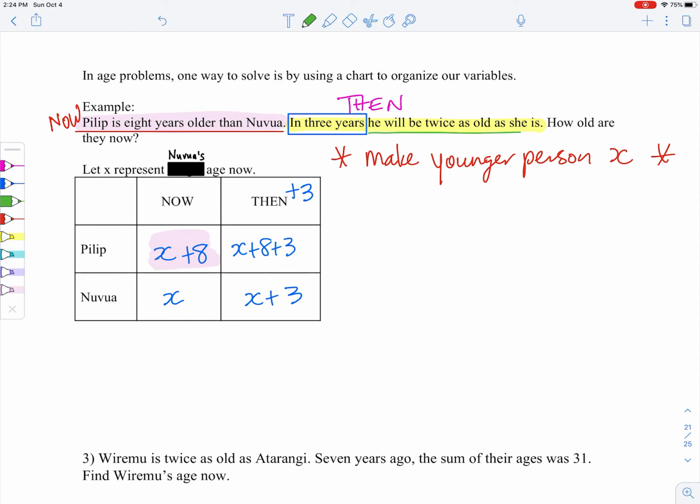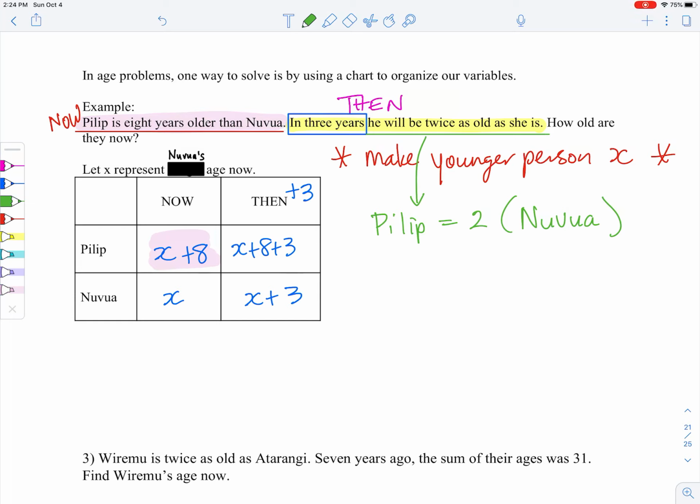He will be twice as old as she is. So this part right here, he will be twice as old as she is. That one is how we're going to make our formula. So we know from this that Philip equals 2 times Nouveau.